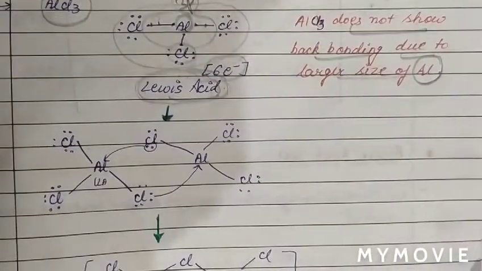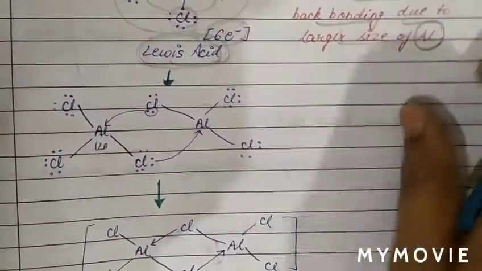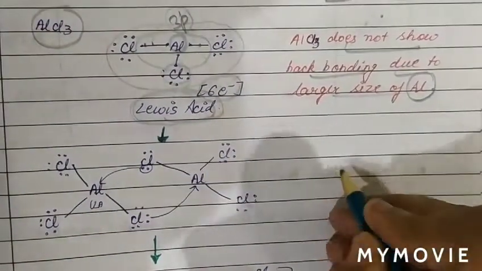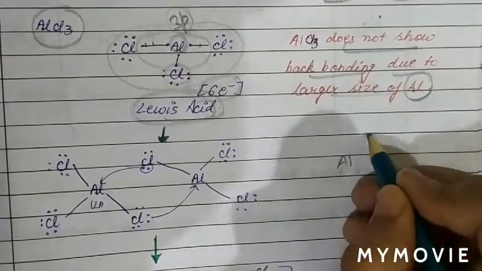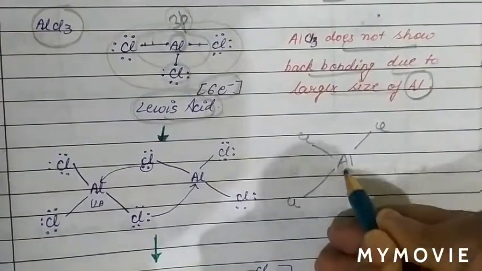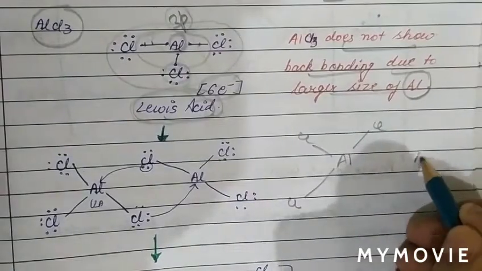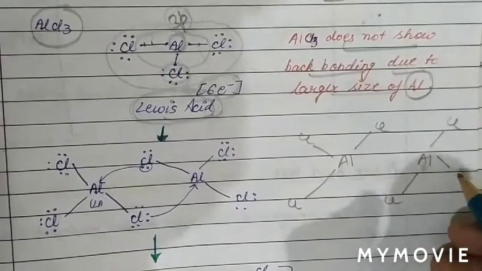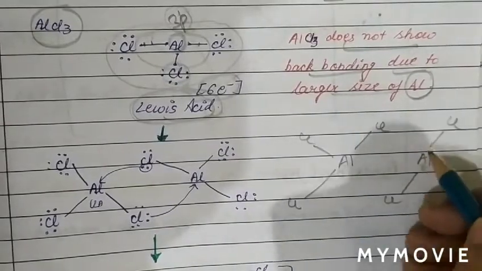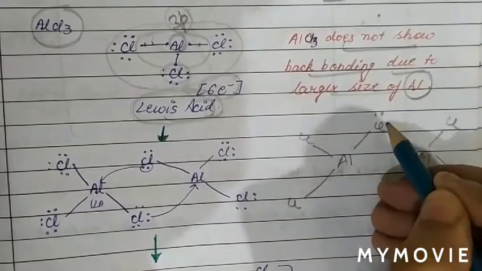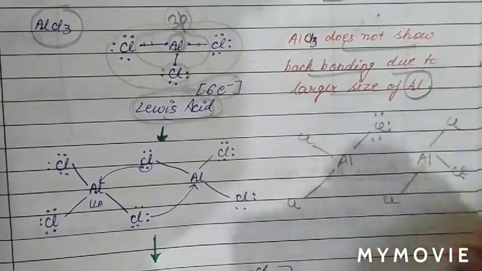So AlCl3 exists in the form of a dimer. We can see 3 bonds around aluminium in the case of AlCl3. In the same way, there is another aluminium, so there are 2 molecules of AlCl3 we can see. As we can see, on the chlorine atom there are 3 electron pairs present.